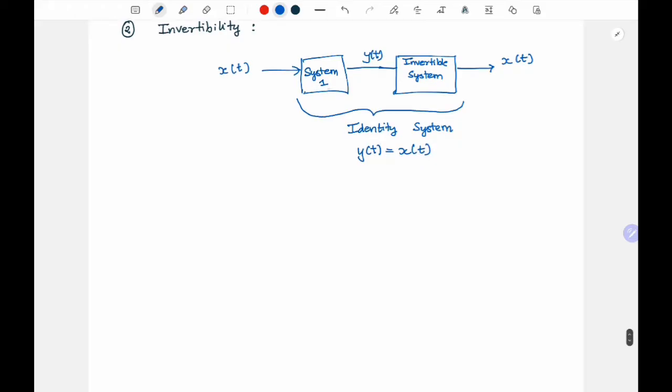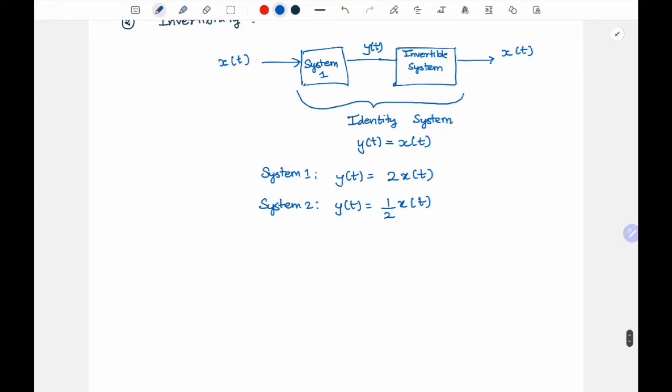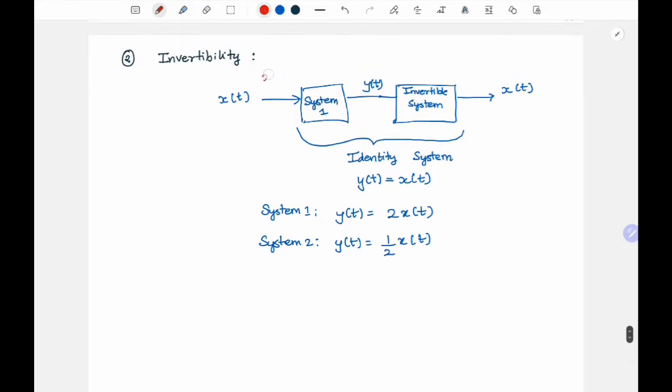For example, if system 1 is y of t equals 2x of t, and system 2 is y of t equals half x of t, then what will be the cascade of these two systems? Let's call x of t the input, w of t the output of the first system, and y of t the output of the second system.